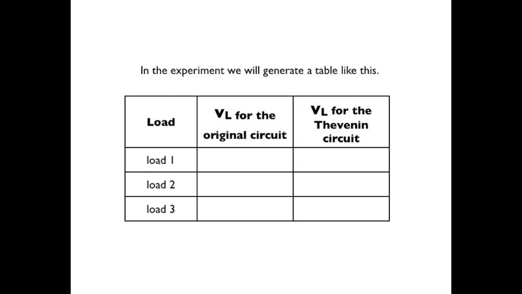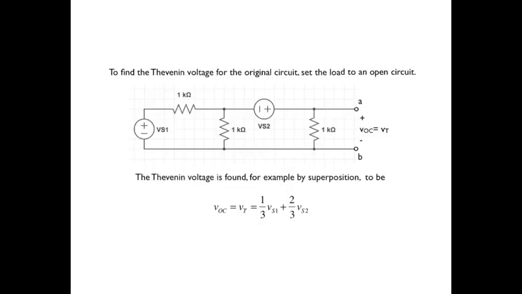We will build both circuits and generate a table such as we see here, where for a given load we'll measure the load voltage for both the original circuit and also for the Thevenin equivalent circuit, and we'll do that for several different loads.